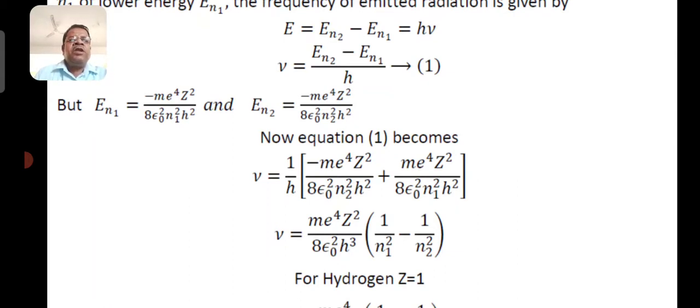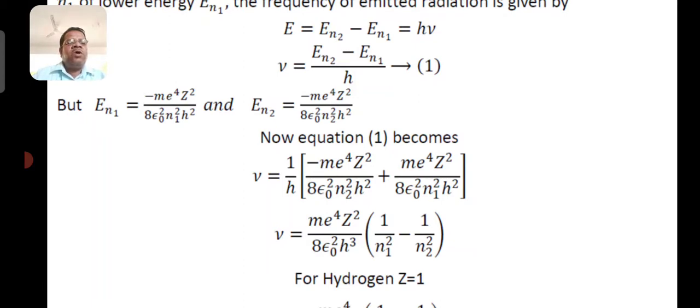Now substituting the values of En1 and En2 in equation 1, now equation 1 becomes nu equals to 1 by h. Substitute the value of En2 minus, plus substitute the value of En1. Now take the common factor outside. We get frequency nu equals to m e to the power 4 z square divided by 8 epsilon naught square h cube.